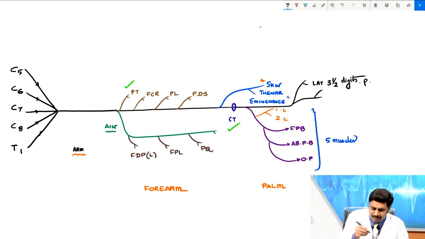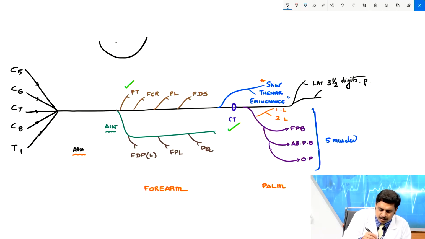carpal tunnel. I told you the median nerve passes through the carpal tunnel. I told you what a carpal tunnel is: this will be the concavity of the carpal bones, looking at the picture, and this structure I have written is the flexor retinaculum.